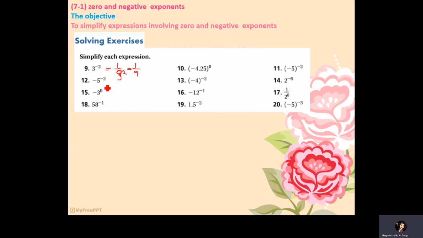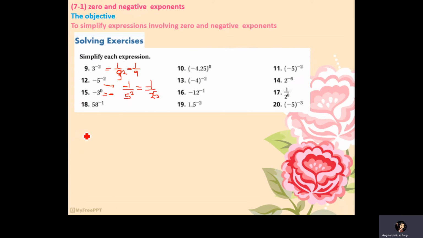If you see this one, again, I should not use my negative. I will keep it as it is, because there is no parenthesis. So -1 over 5 to the power 2, that is -1 over 25. Now directly, I have to focus on the negative. I will drop it. There is no parenthesis.